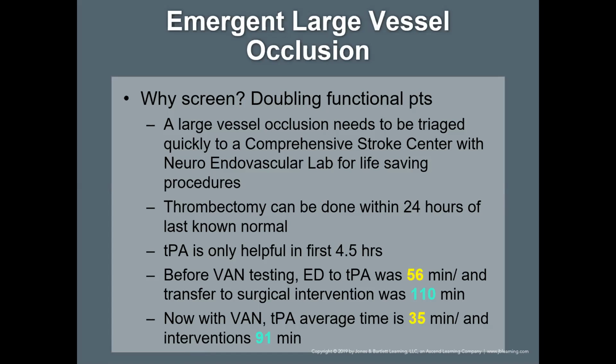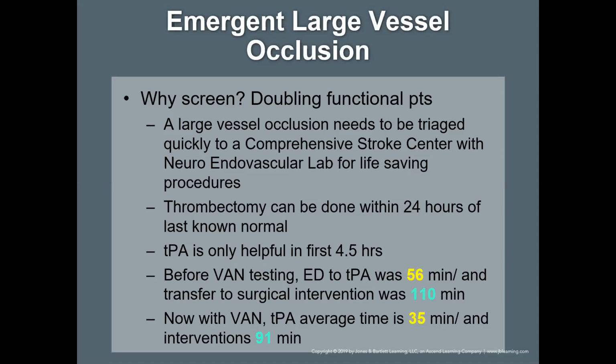That thrombectomy, if it can be done, needs to be done quickly, within 24 hours. The TPA is only given in certain circumstances under the first 4.5 hours.